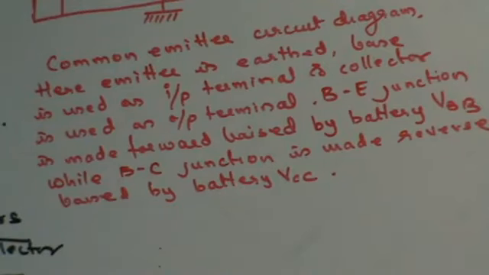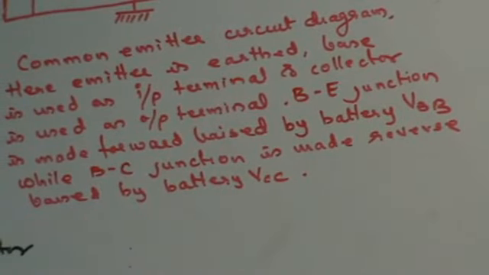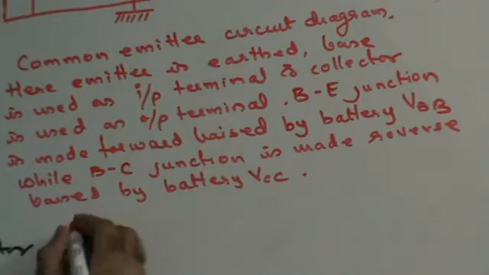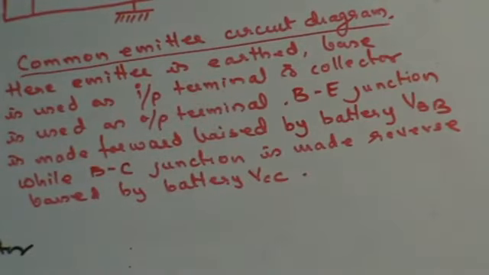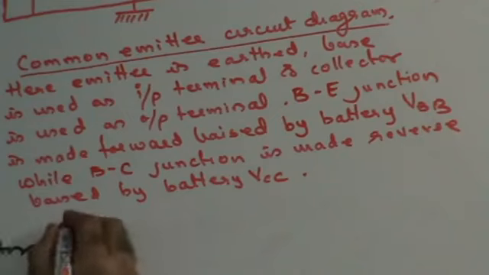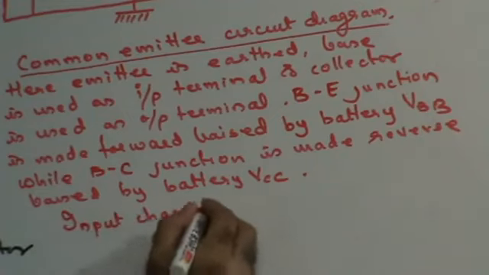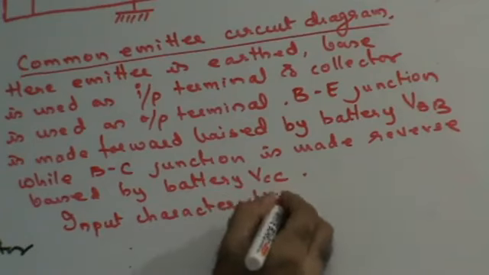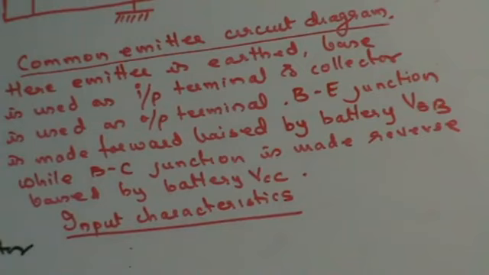Now, let us see the input characteristics for this, right? We know that the base emitter junction is going to be forward bias. So let us see how the base emitter junction behaves. I'll just draw the graph and show it to you.